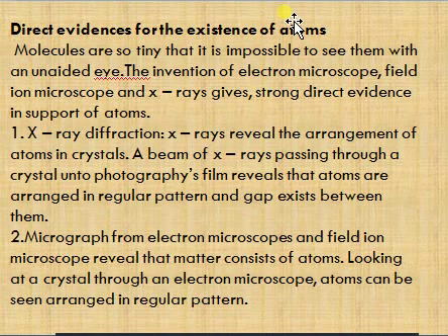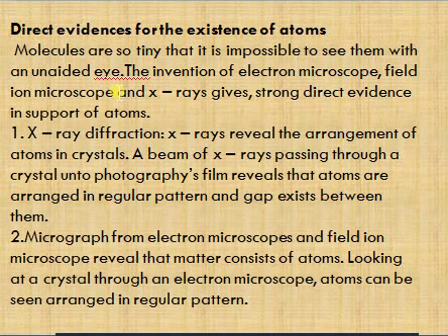Now we find out that molecules are so tiny that it is impossible to see them with our naked eye. Remember when we talked about crystals, we said that we cannot see them with our naked eyes. The same thing here, these atoms cannot be seen with your naked eye.